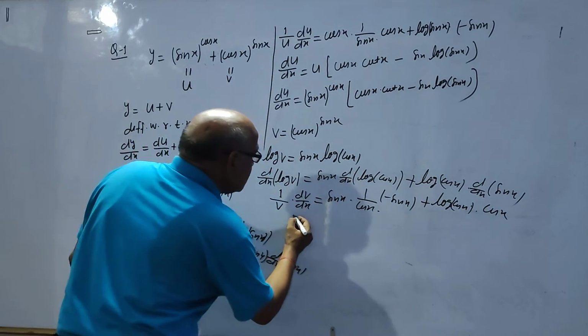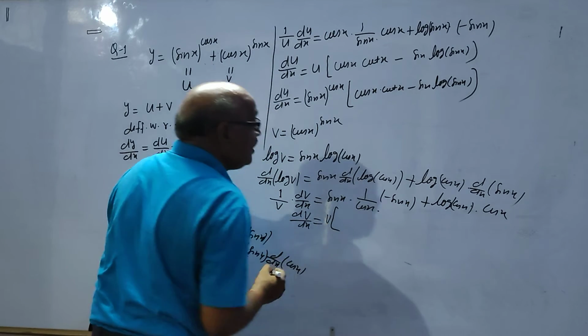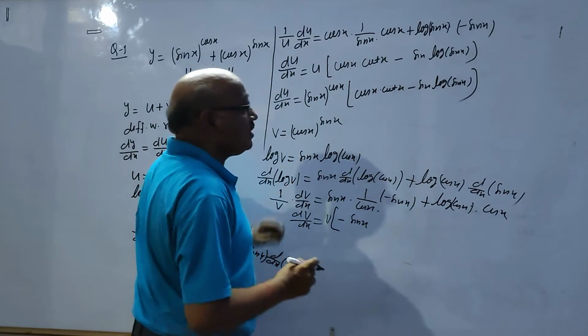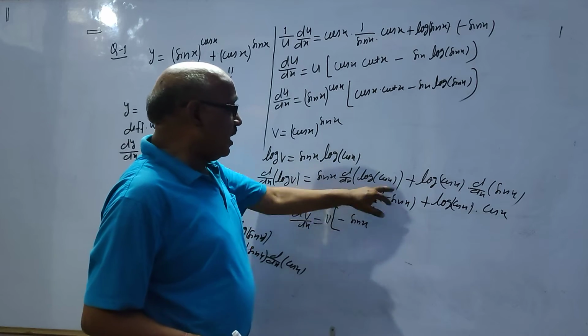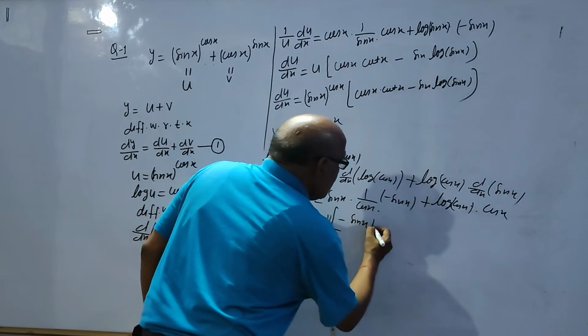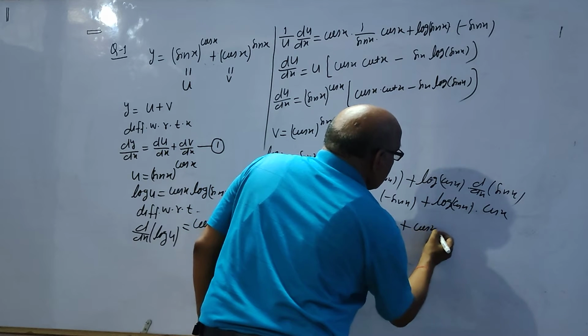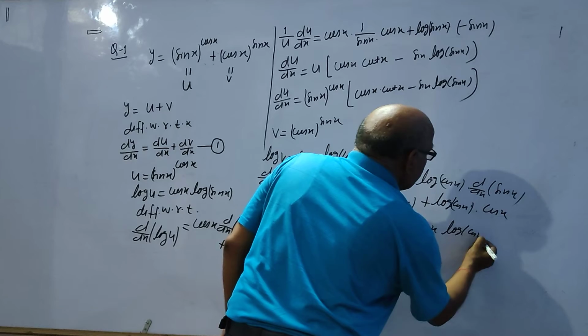Use cross multiplication. Now dv over dx is equal to v times of, this is minus sin x, और sin x upon cos x, that is equal to how much, it is tan x, and plus this is what, cos x into log of cos x हो गया.